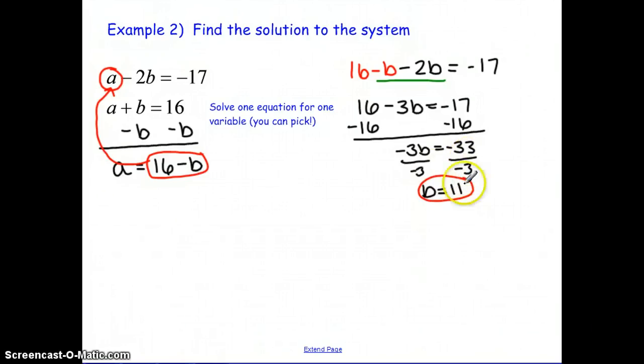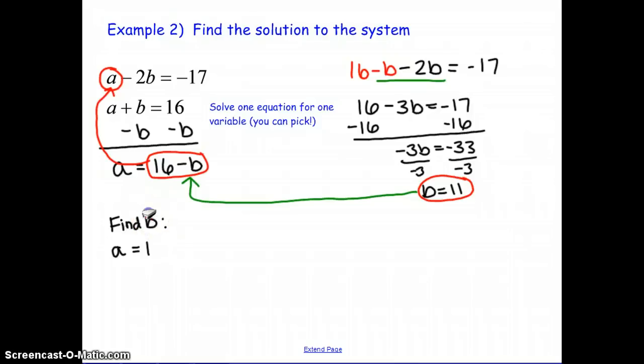Now, hopefully you remember from the example before that the way we're going to find a, now that we have b, is to take this b and plug it into this equation. We're finding a.